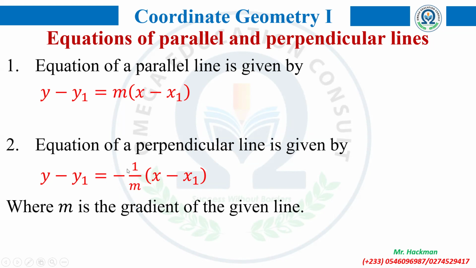Perpendicular lines will have this as the formula for finding it. Perpendicular will be this, parallel will be this. Take notes. Anytime you are finding the equation of a perpendicular line, you use this formula, where m is the gradient of the given line. Is my point well made?